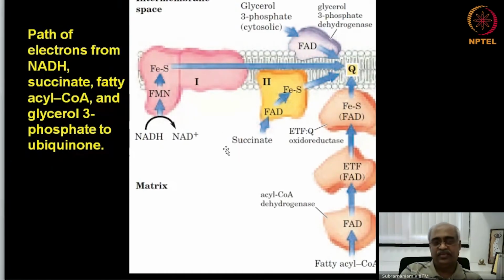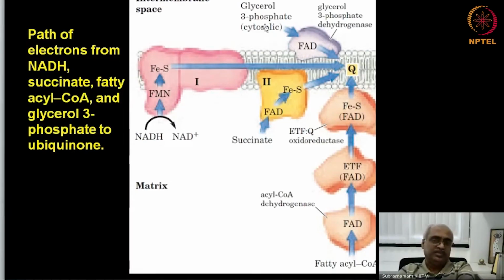And then there are other electron transfer complexes as well. Like for example, glycerol 3-phosphate produced from the cytoplasm. It comes from a variety of sources. One of them easy to understand is when you have triacylglycerol where the acyl groups are removed, you get glycerol. And dihydroxyacetone phosphate, when that gets oxidized, you get glycerol 3-phosphate.